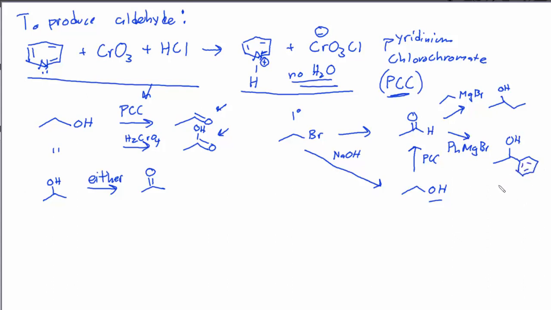Another secondary alcohol. So now we've just created a short synthesis that you should be able to solve at home or modify to create your own short synthesis. This would be a great quiz or exam question. How can I get from ethyl bromide to this secondary alcohol?